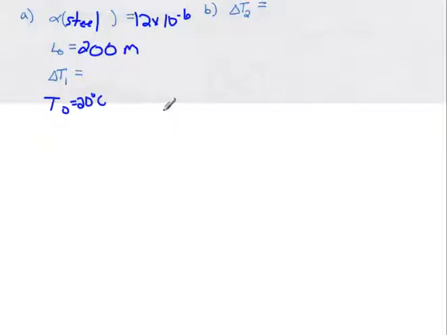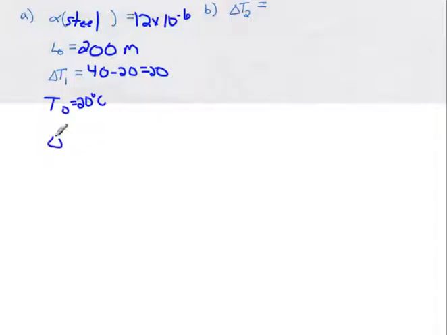If the extremes of temperature to which it might be exposed are negative 30 to 40 degrees Celsius, how much will it contract and expand? So let's look at the 40 degrees Celsius. That's going to be 40. Change in temperature there is going to be final minus initial, it starts out at 20. So that's 20 degrees.